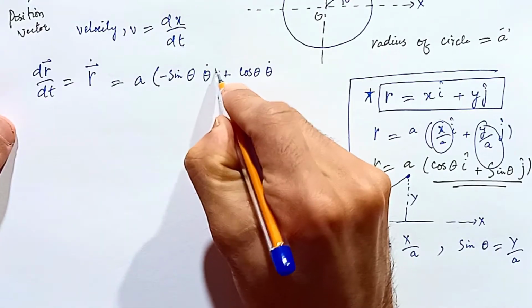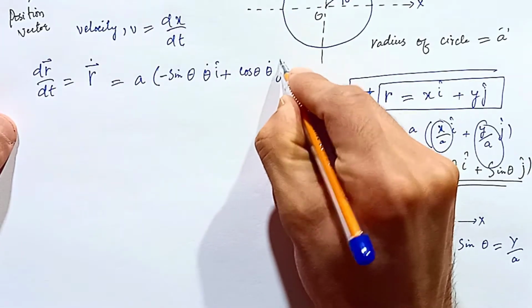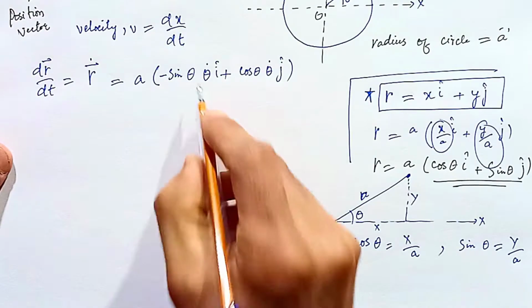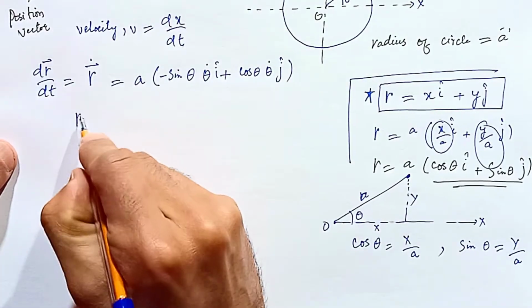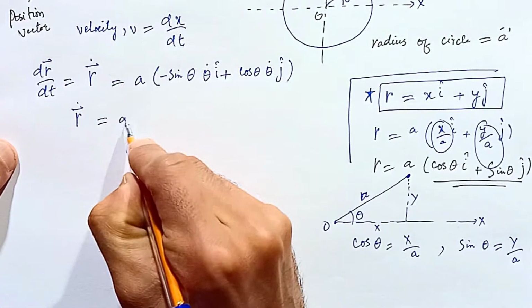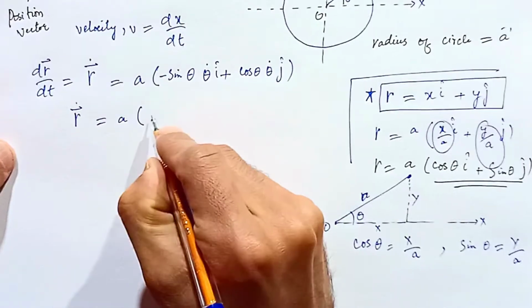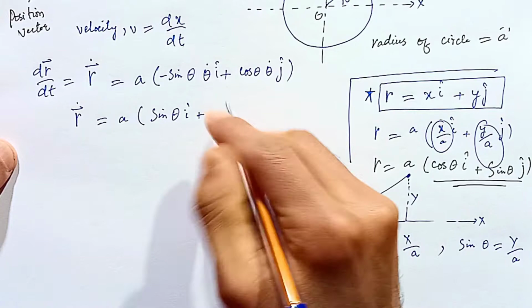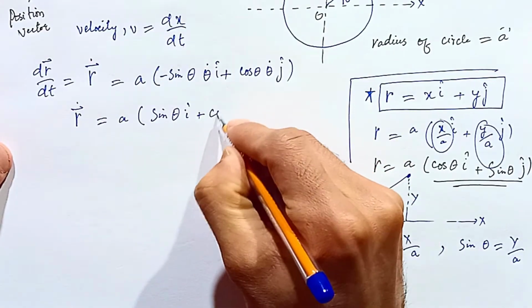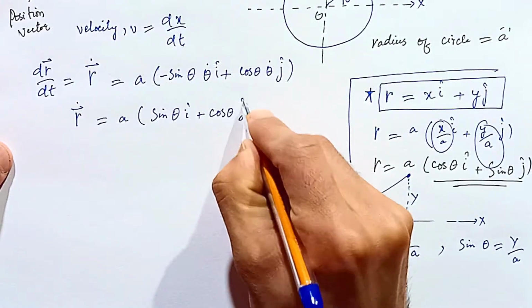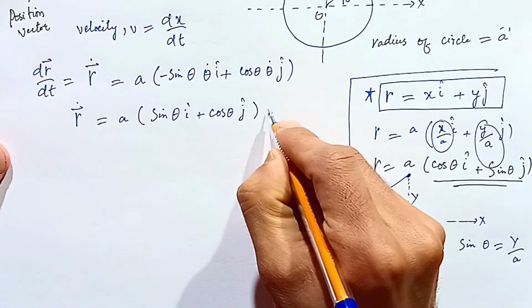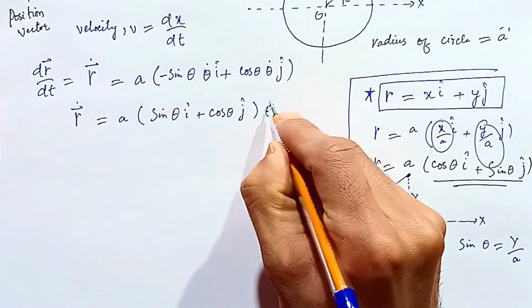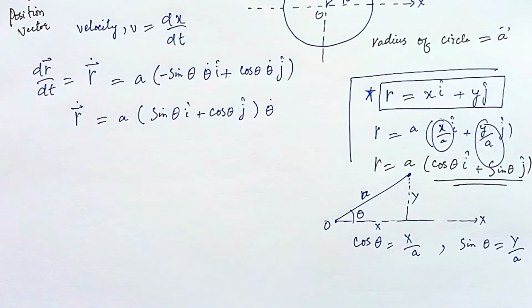This is along the x-axis, that's i, and this along the y-axis, that's j. Keep theta dot outside: a times theta dot, times minus sine of theta along i plus cosine of theta along j.